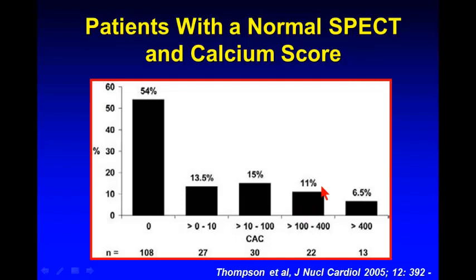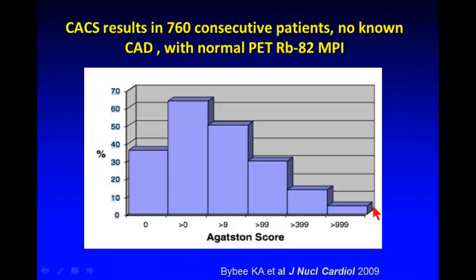This is similar data from Mid-America Heart Institute, where they show on their SPECT that among the normal scans there are, again, about 20% with high calcium, more than 100, and on their PET it was even much higher in this patient population.